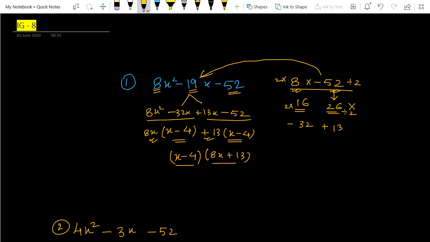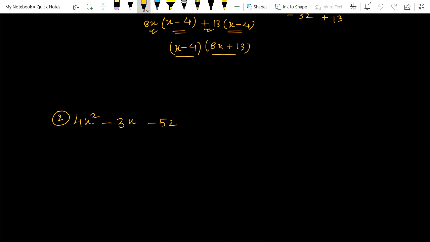Now we are going to proceed to the second question. Now in this question we are finding the numbers are again big numbers. Here the coefficient of x square is 4, the constant term is minus 52 and the middle term is minus 3. So the numbers are 52 and 4, big numbers. As per the method, we multiply the coefficient of x square, that is 4, and the constant term minus 52.